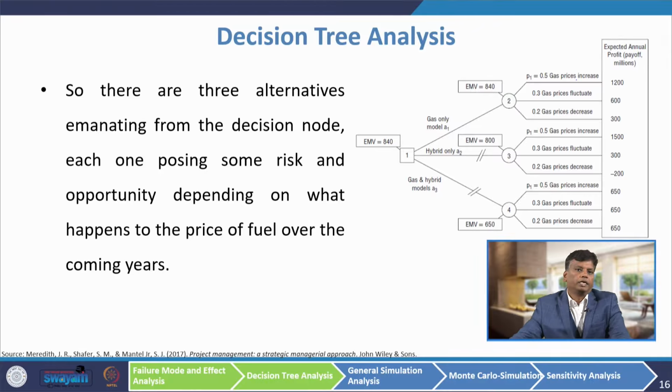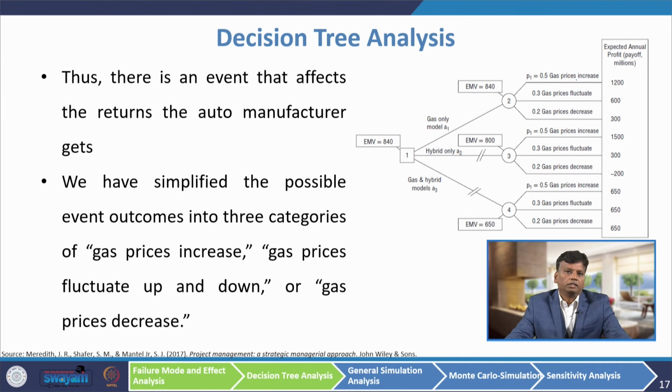So, there are three alternatives emanating from the decision node, each one posing some risk and opportunity depending on what happens to the price of fuel over the coming years. Here the risk is the price of the fuel. Thus, there is an event that affects the result the auto manufacturer gets.